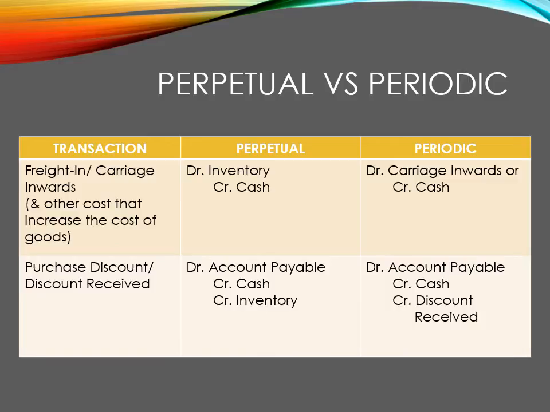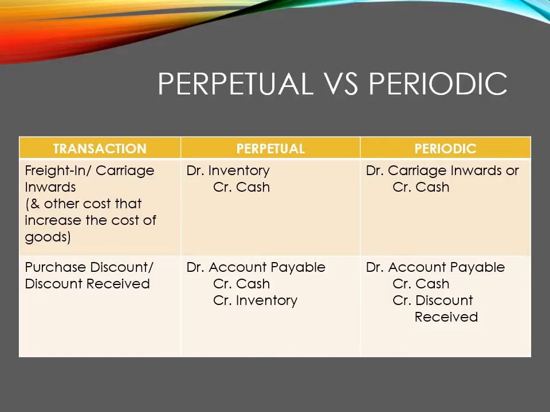For the purchases discount or discount received transactions, if you use the periodic inventory system, your records will be debit account payable, the name of your supplier, and you will credit cash, which is the amount that you paid, and you will credit the discount that you received from the supplier.